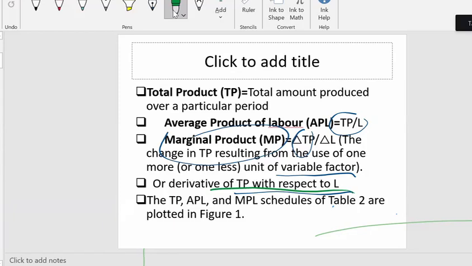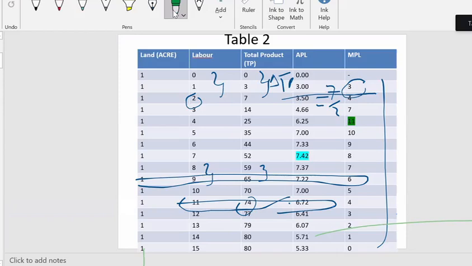So at each level, you have to compute the marginal product. For example, at level 6 here, if we employ 6 laborers, you have to check the change from 5 to 6. From 5 to 6, that means we employed one more.